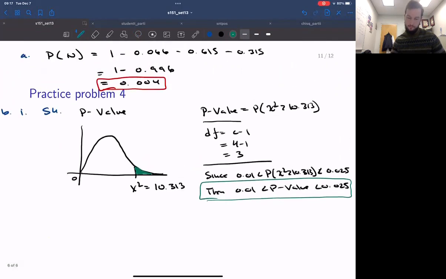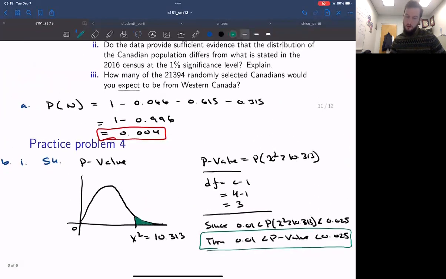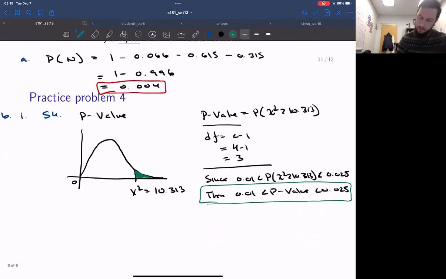All right. Part 2, do the data provide sufficient evidence that the distribution of the Canadian population differs from what is stated in the 2016 census at the 1% significance level? Explain.